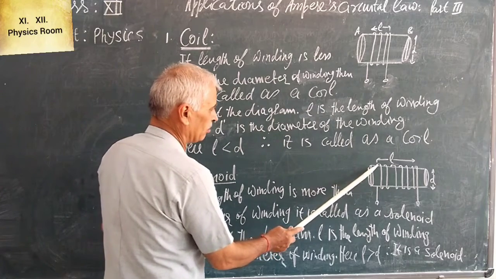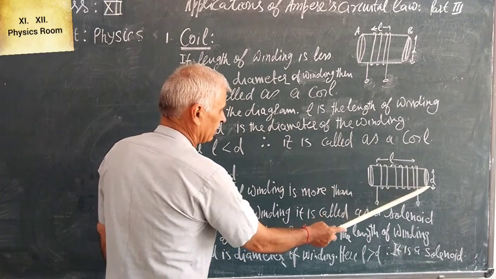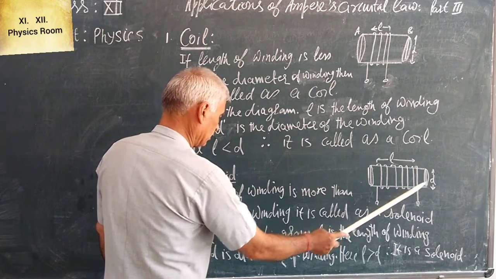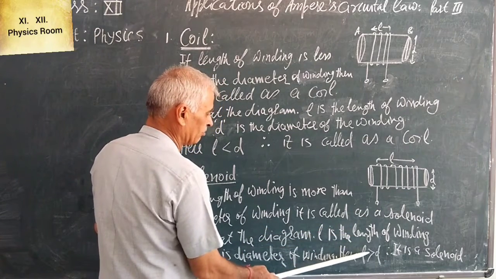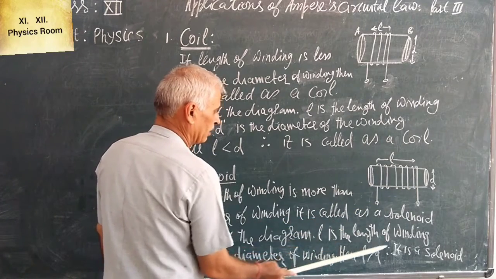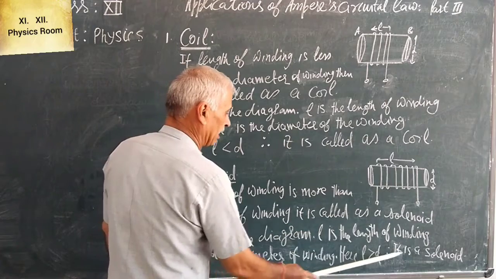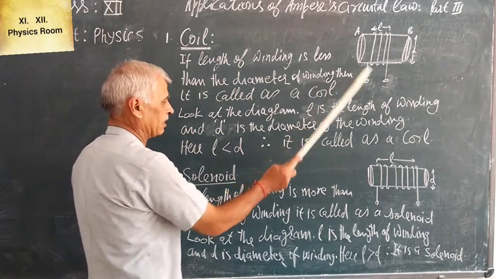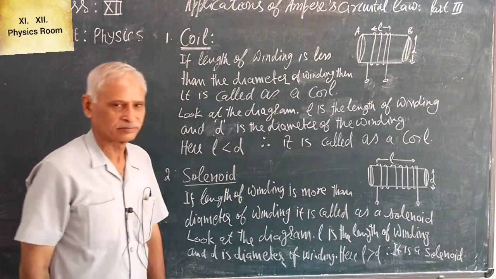L is the length of winding and D is the diameter of the winding. Here L is more than D. So therefore we call it a solenoid. So it is a coil, it is a solenoid.